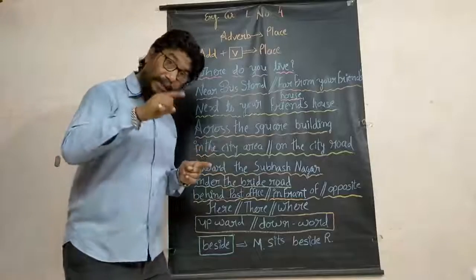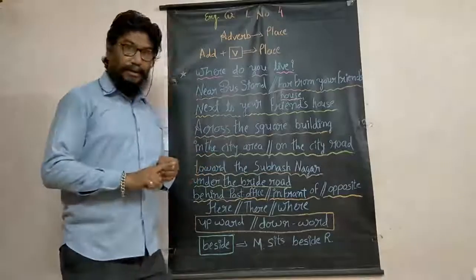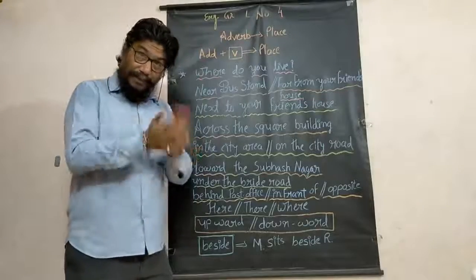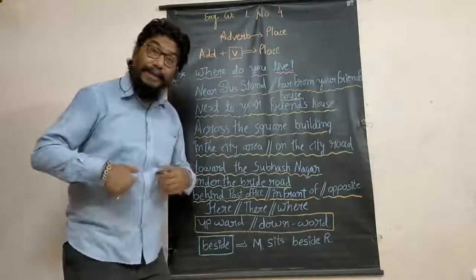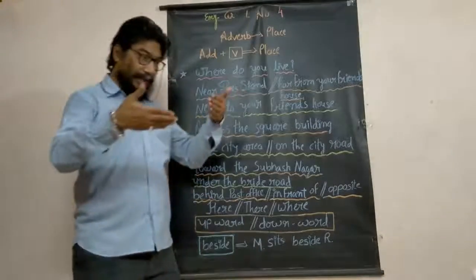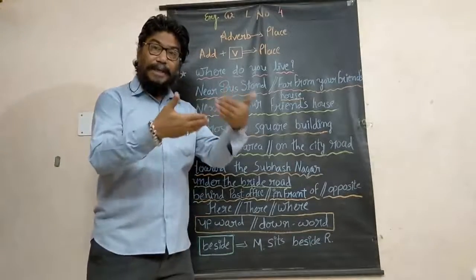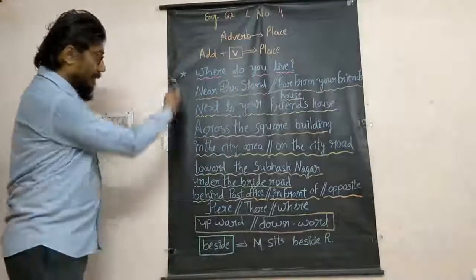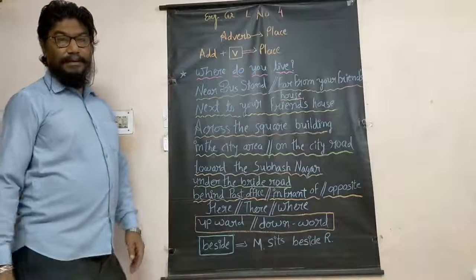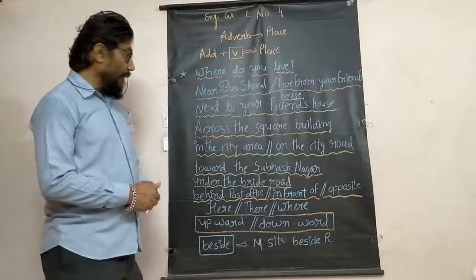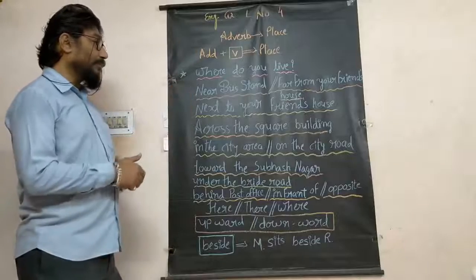Here one thing you will note. I'm teaching you adverb of place, but somehow, somewhere, I am always using a preposition. And that preposition is connected with other words, and these other words will be place, nothing else. Where do you live?